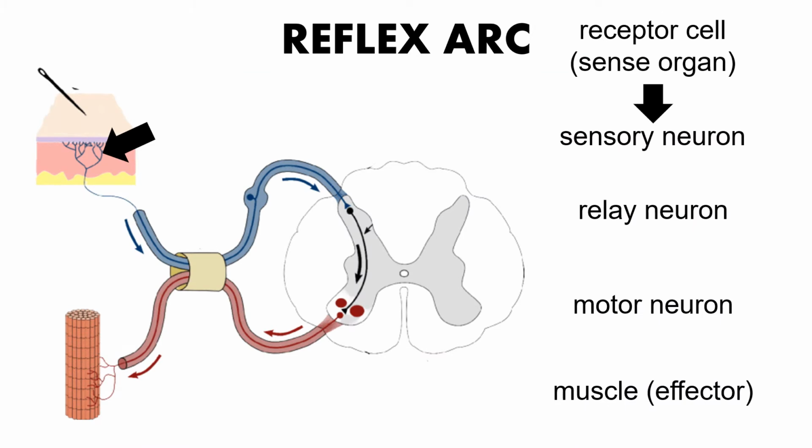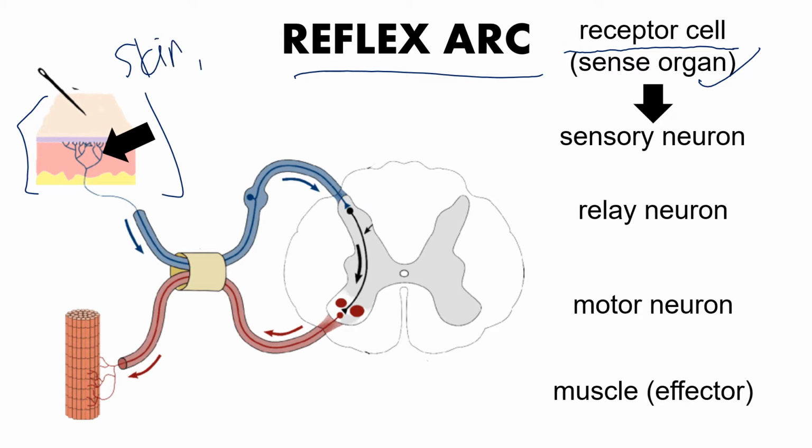In the reflex arc, it will start off with the receptor cell in the sense organ, meaning the first part of the pathway is from the receptor cell that comes from the sense organ. For example, this is the skin.